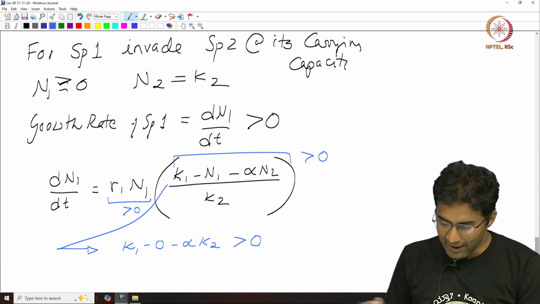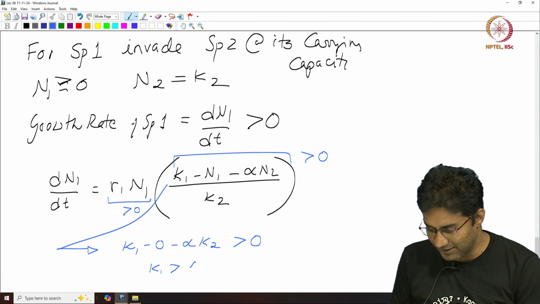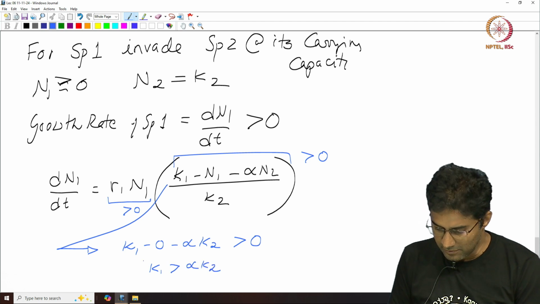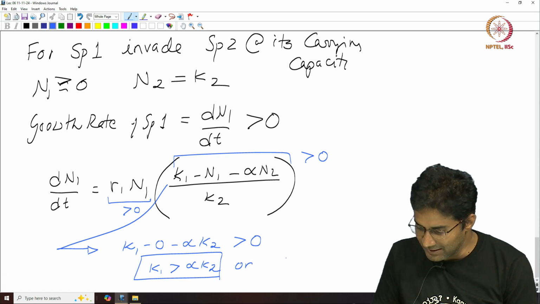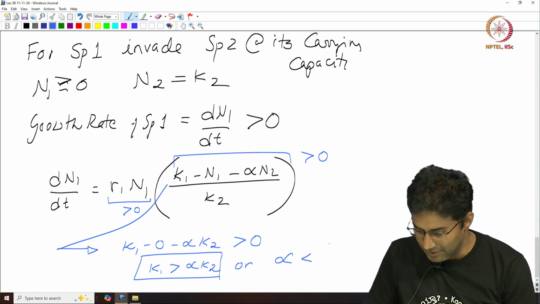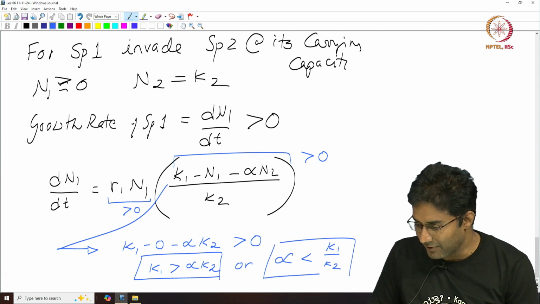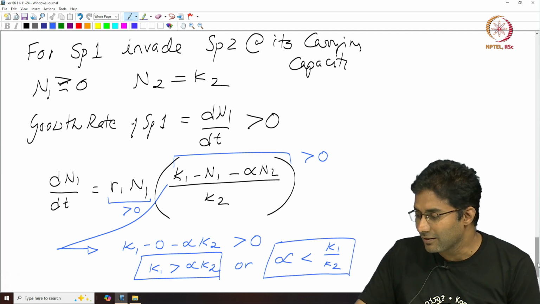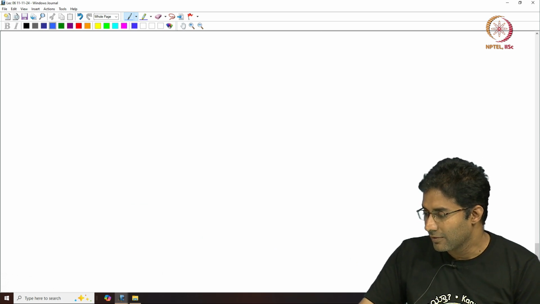And under this condition, which basically also translates as K1 is greater than alpha K2, which we can also write as alpha is less than K1 by K2. So, this is the condition under which species 1 can invade species 2. Okay.